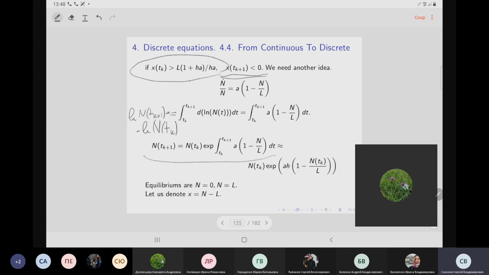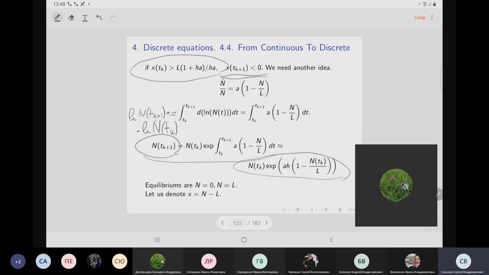And as in the previous situation, we can approximate the integral in the exponent as simply the product of the median value of the integrand by the integration period. So since tk plus 1 minus tk is h, we get the approximation in this form.